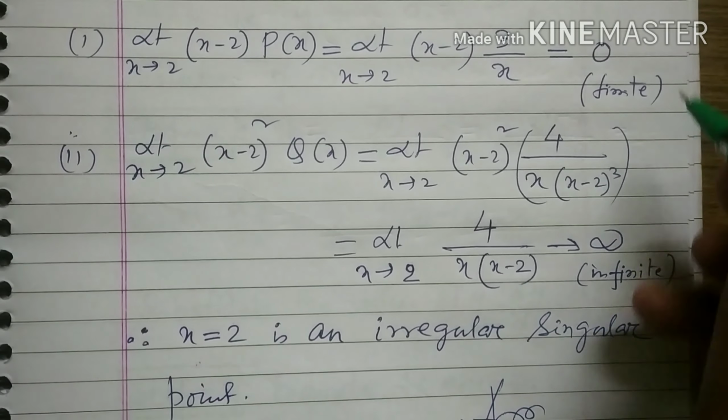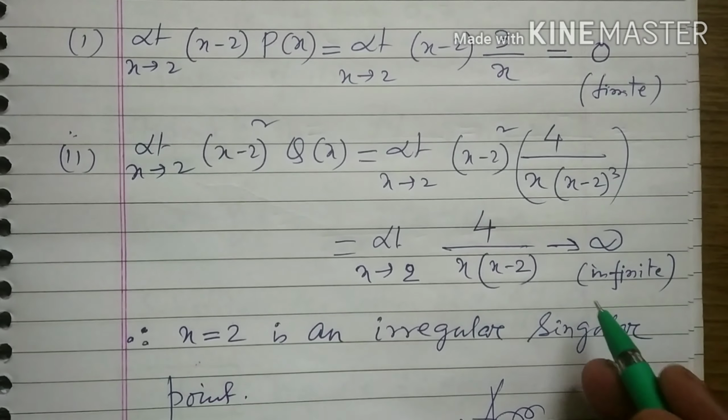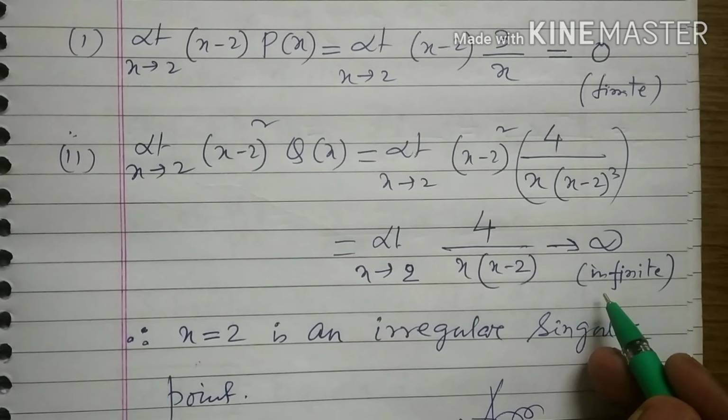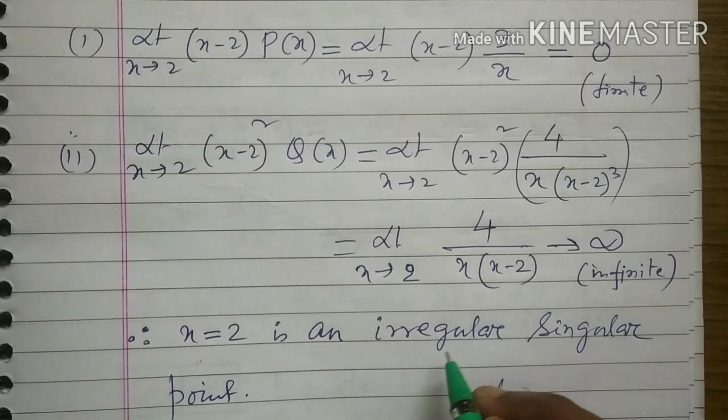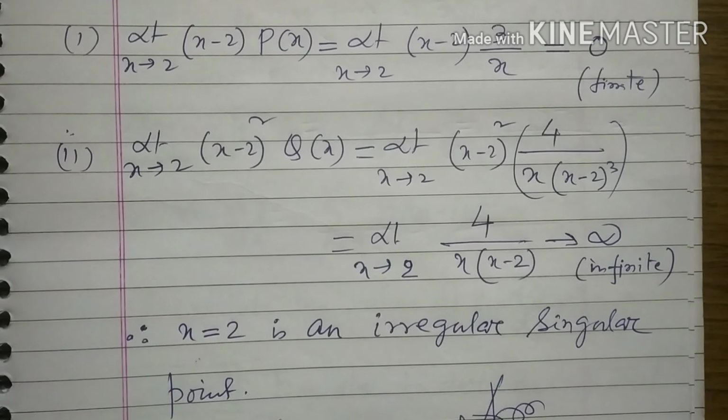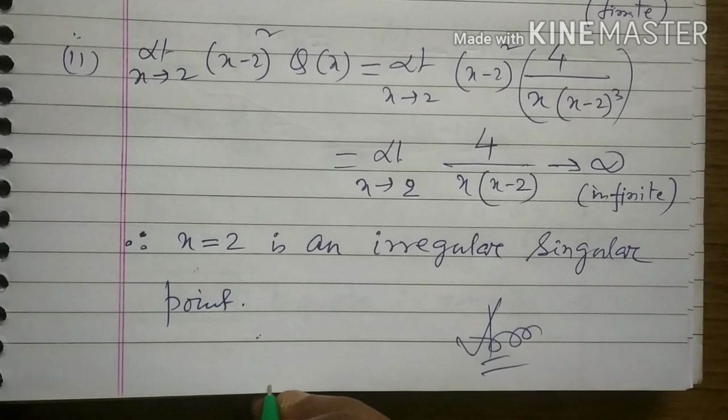So from here it is clear, one limit exists but another limit does not exist. Therefore x equals 2 is a singular point but not regular. That is, x equals 2 is an irregular singular point. Clear? Thank you.